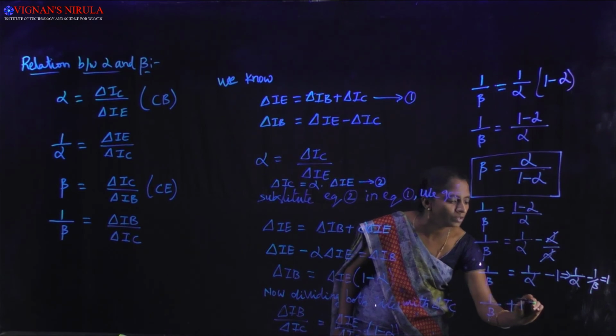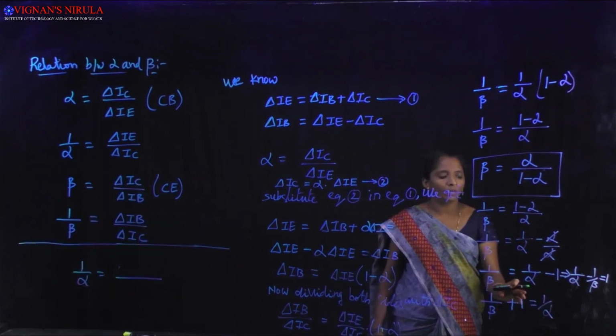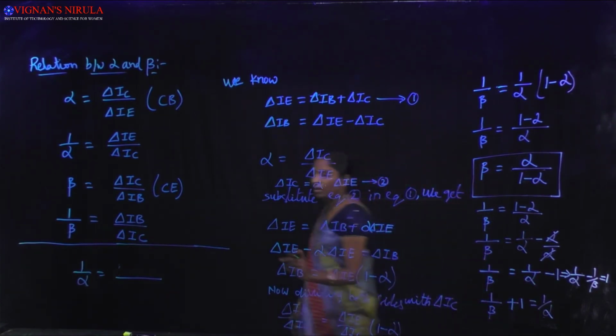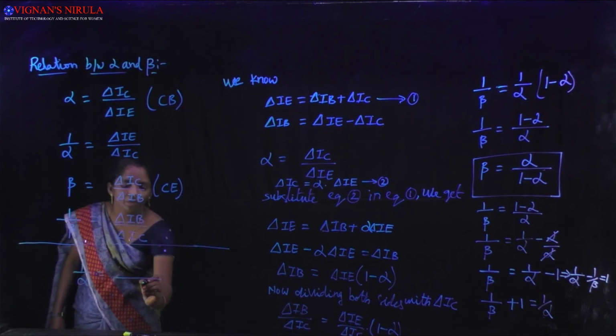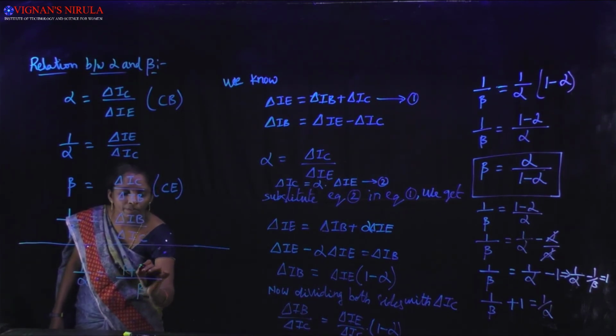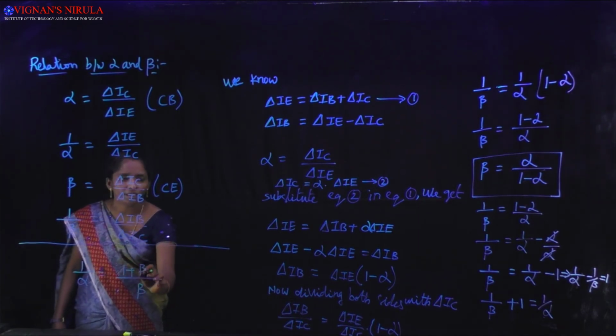Now take beta common: 1 by alpha equal to 1 plus beta by beta.